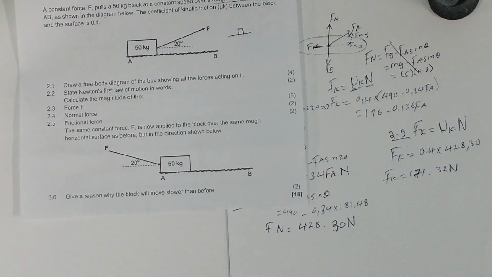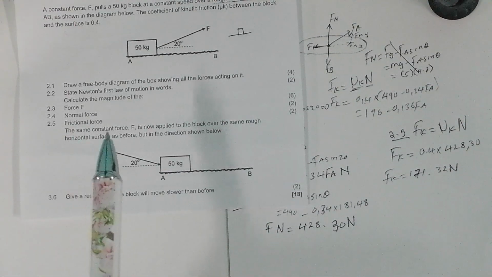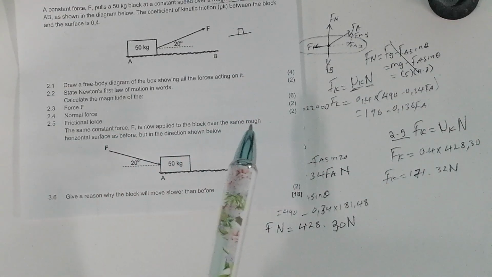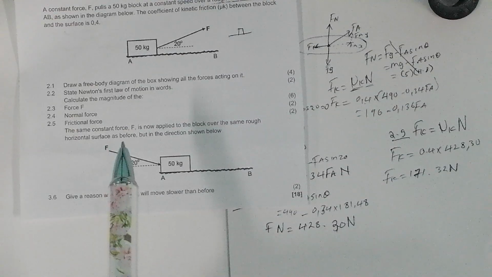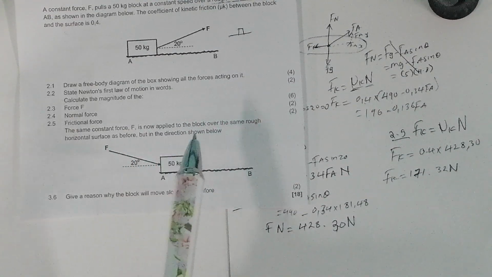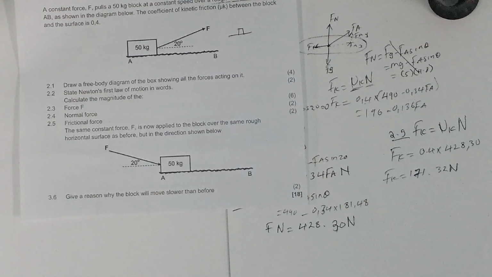So the same constant force F is now applied on the block over the same rough horizontal surface as before, but in the direction shown below. Then give a reason why the block will move slower than before.